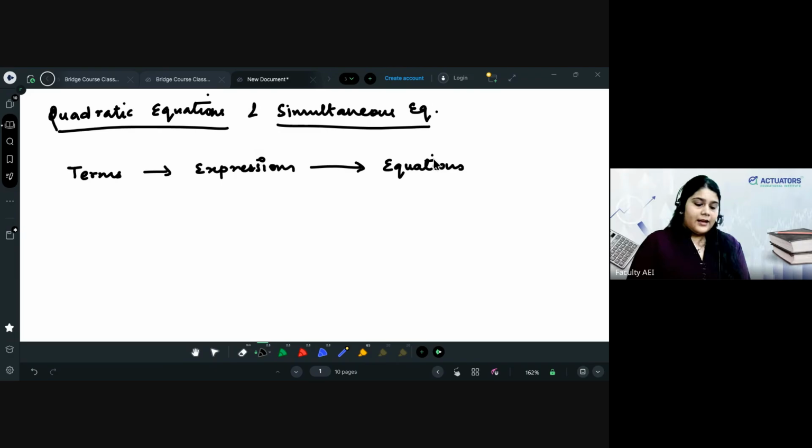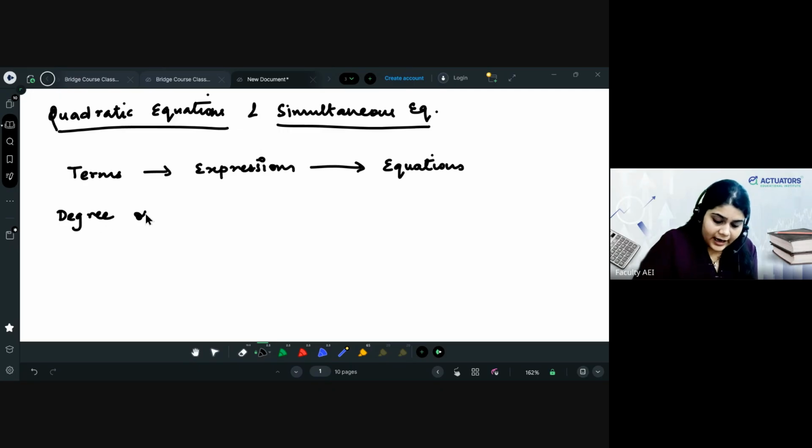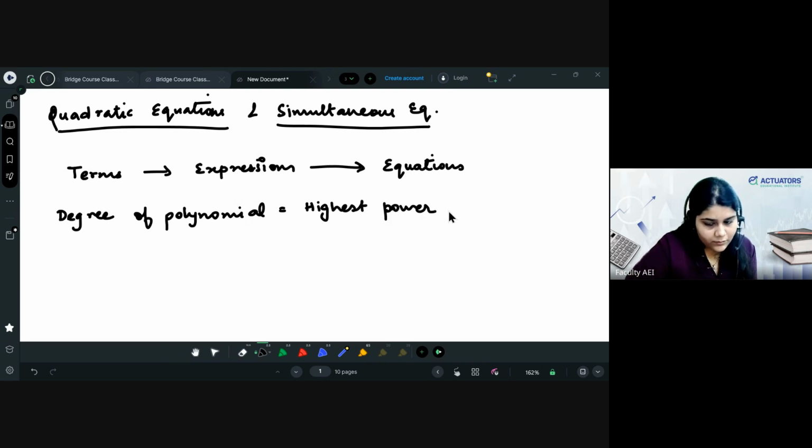Okay. And yes, like you correctly pointed out, quadratic expressions are those where degree of polynomial, which you in layman terms said highest power, for quadratic expressions, or quadratic polynomials, it is kitna? 2.